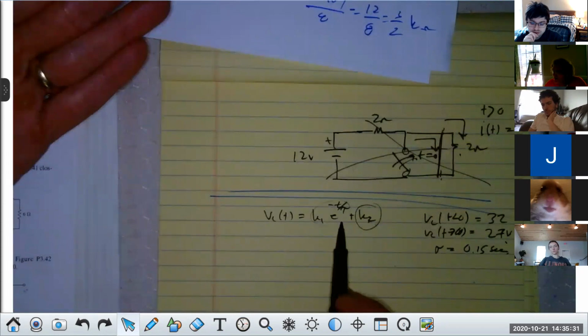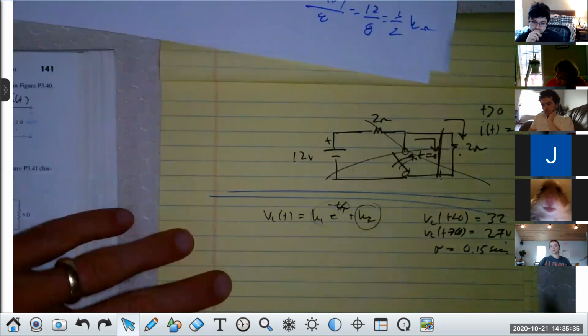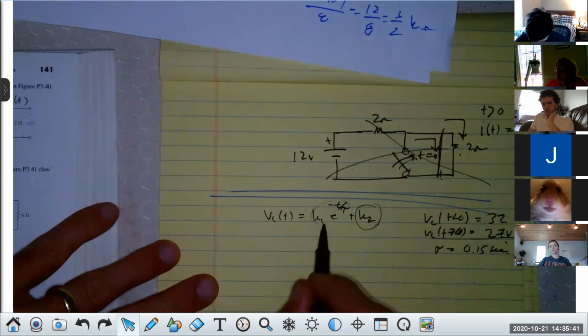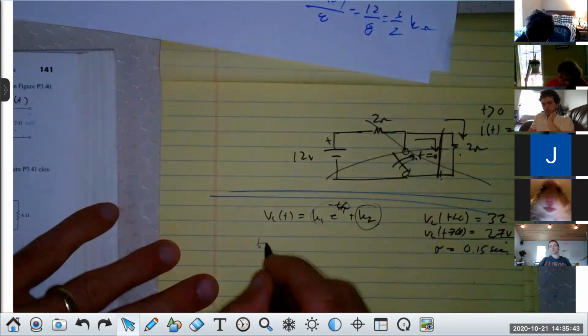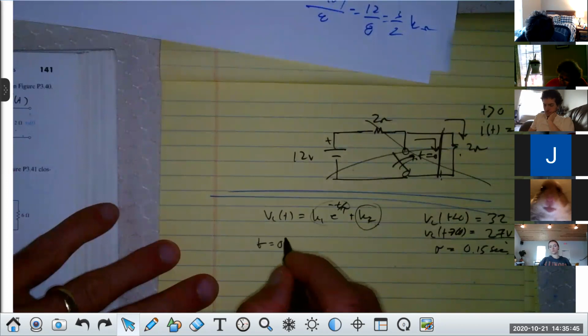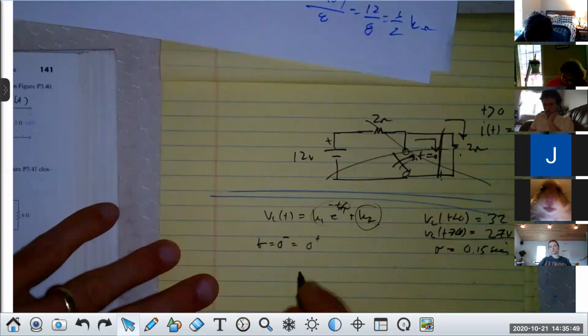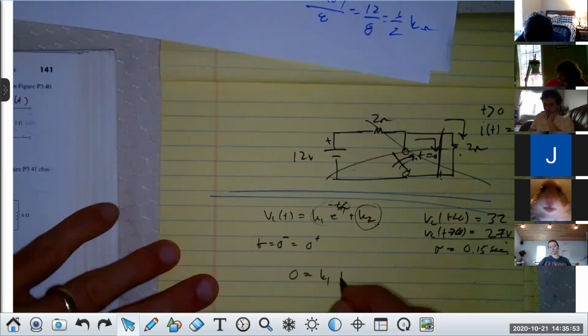E to the minus infinity is 0. Agreed? So I know K2 is this voltage. Next, I need K1. I solve for K1 at T equals 0. So at T equals 0 minus equals 0 plus here, and I can say that this is 0 equals K1 plus K2, which is 27, but that's not the case. What is the voltage for T less than 0?